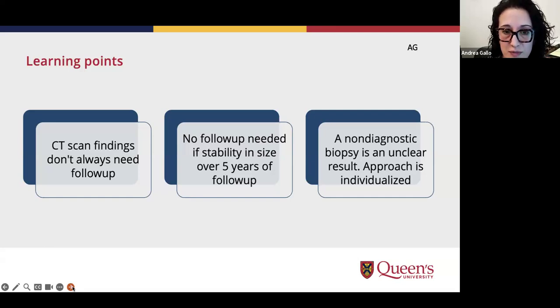We don't need to do follow-up if it is stable for 5 years. So that's the number that you need to remember. And definitely the non-diagnostic biopsy is an unclear report, and it is suggested that it not be ignored. But of course, the approach should be individualized.